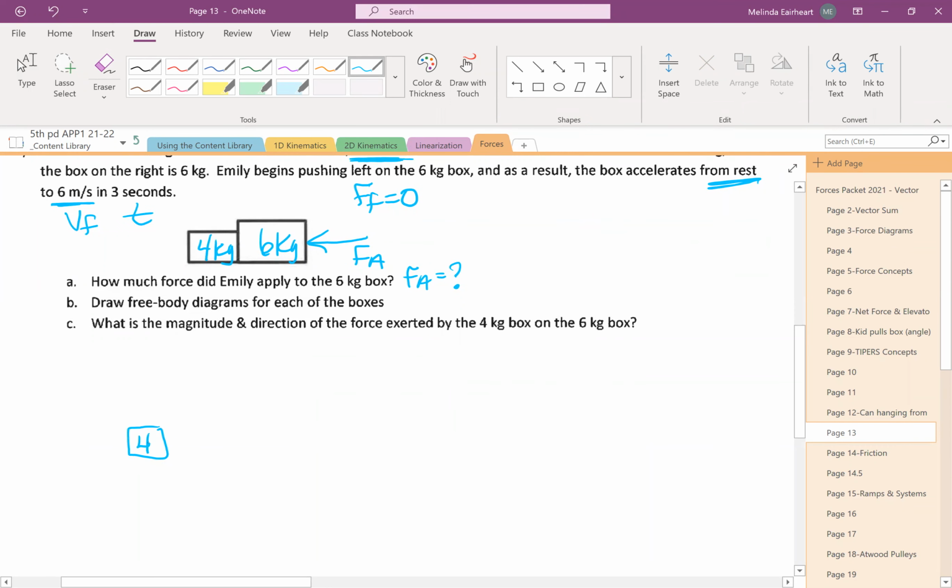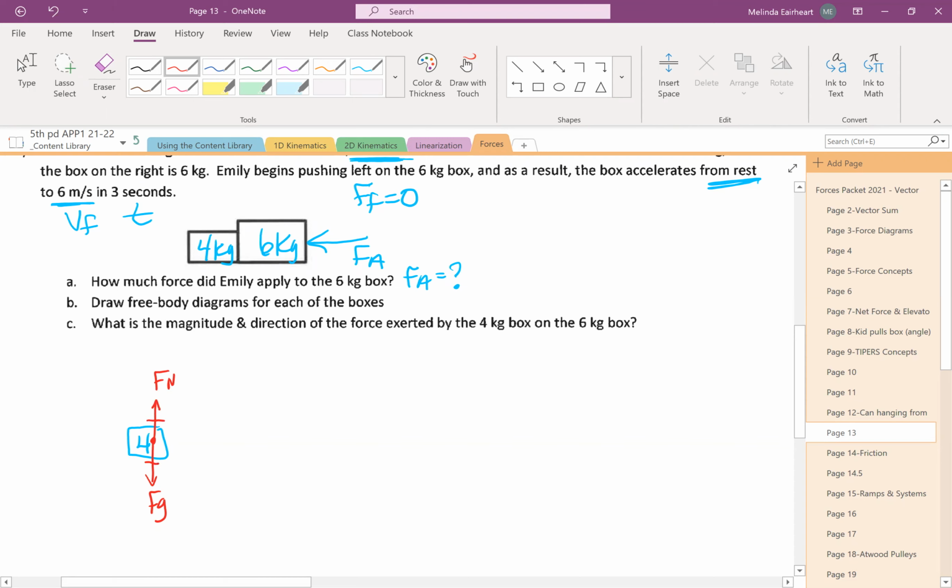4 kilogram. What forces are acting on the 4 kilogram? Gravity down. Then what? There is a surface. Normal, up. And there's no vertical motion here, so those 2 are equal and opposite.